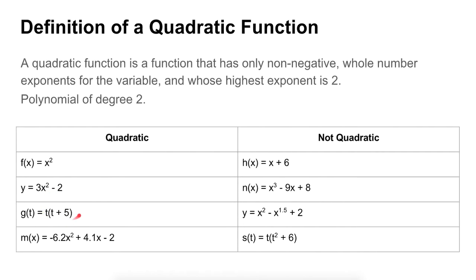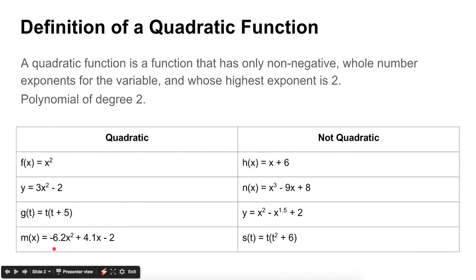Over here, I don't see any x squared or t squared, but if we were to multiply this through using the distributive property, we'd see t times t is t squared. So yes, this in fact is quadratic, because if you simplify the expression, you will get t squared and see that 2 is still our highest power.